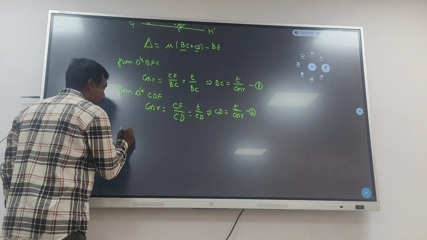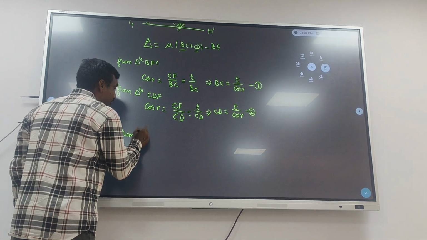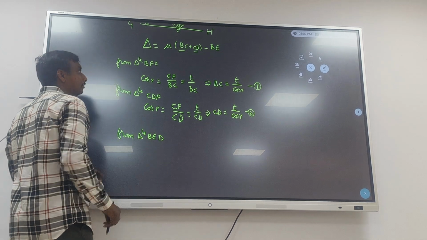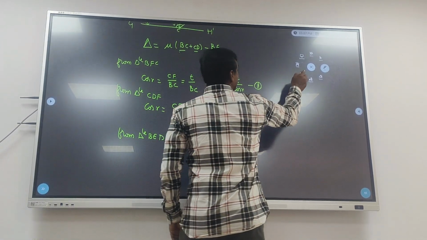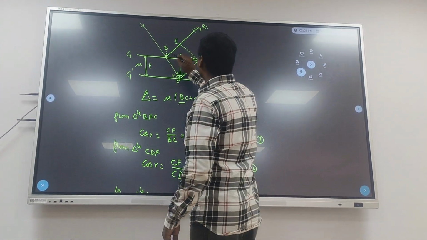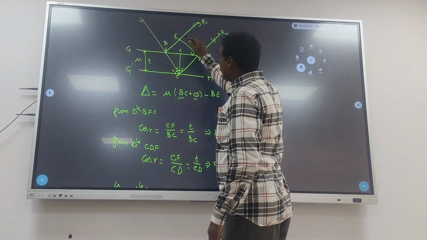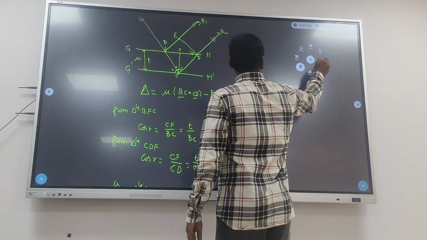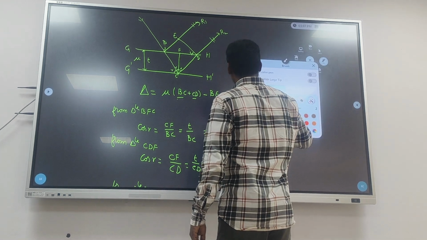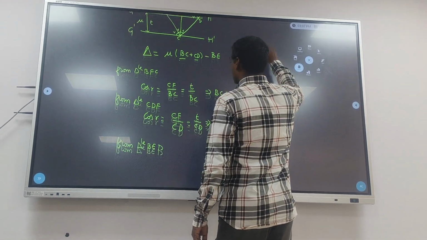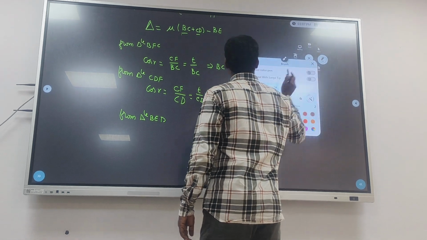So from triangle BED, we have to conclude the sine value.